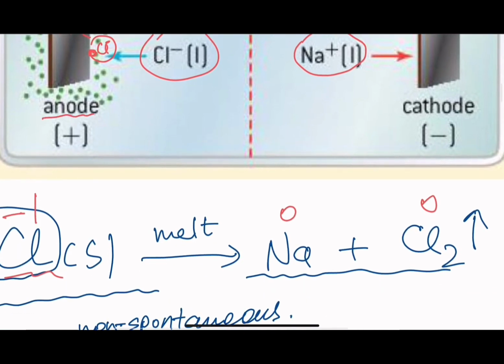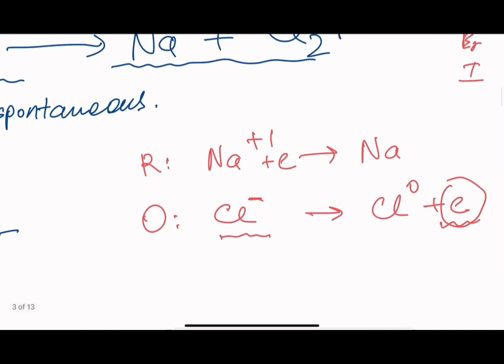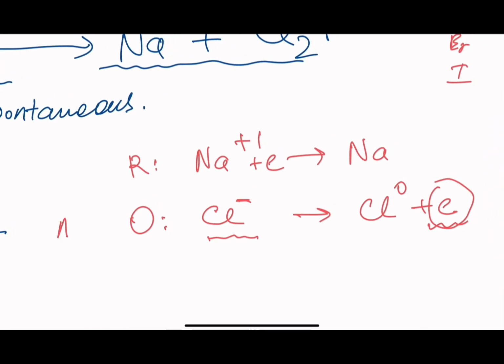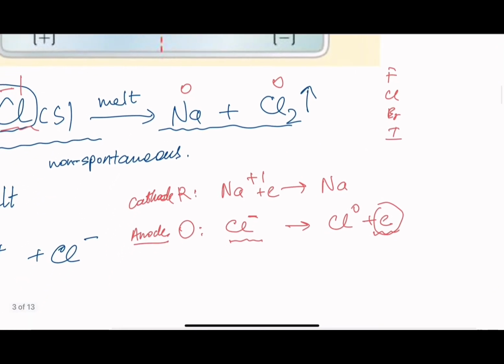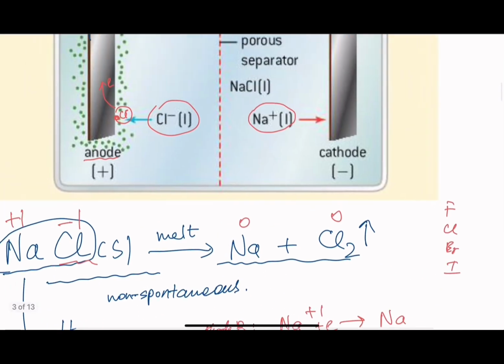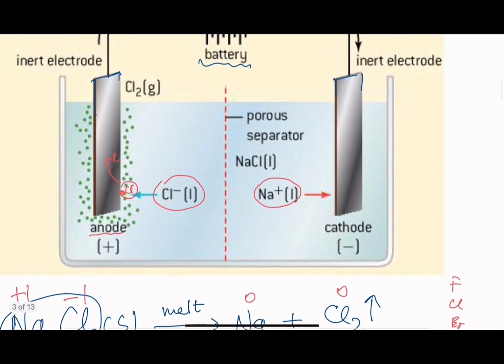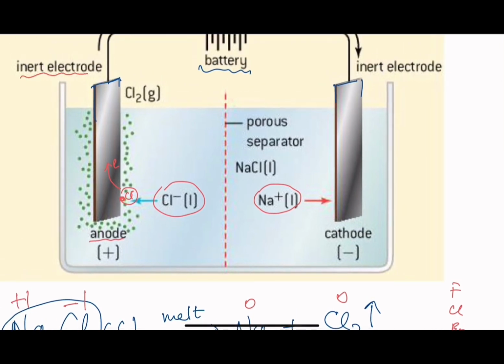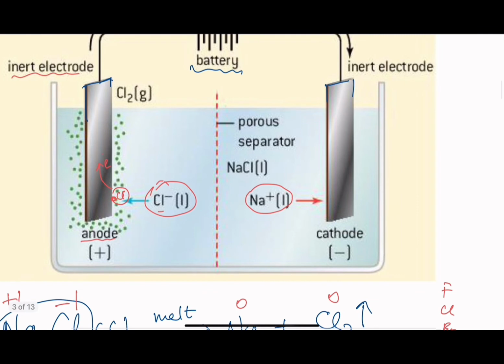This is called the anode because we said that the anode is where the oxidation happens. So this is the anode, and this is the cathode: red cat, an ox. The chloride minus, where the oxidation happens, comes and attaches to this inert electrode. Inert means that it does not react, nothing happens to the metal. The chloride gives out the electron.